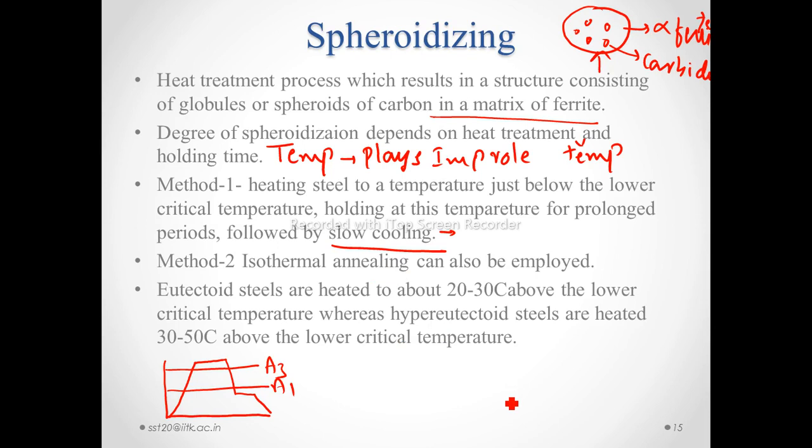And next is for a hypereutectoid steel, where we heat the sample just above the lower critical temperature. The extent of heating above the lower critical temperature depends upon the chemical composition of the sample.